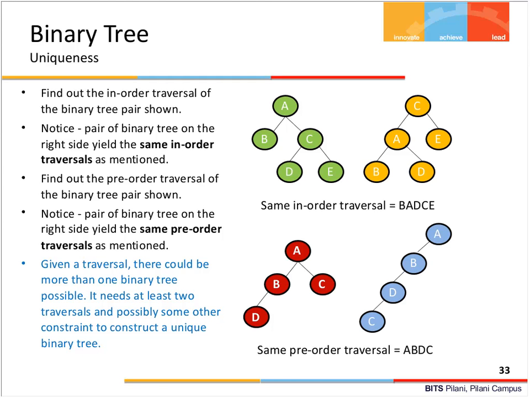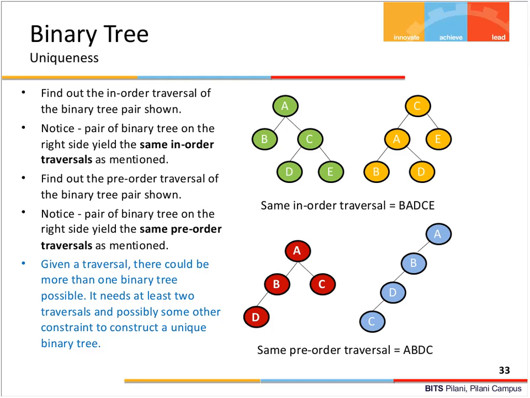For example, if I give you only one traversal, then it is a possibility that they belong to more than one tree, which we have seen on this screen just a few minutes back, right? But if I give you two traversals, then it is not possible that they belong to two different binary trees, right? They will define a binary tree uniquely.